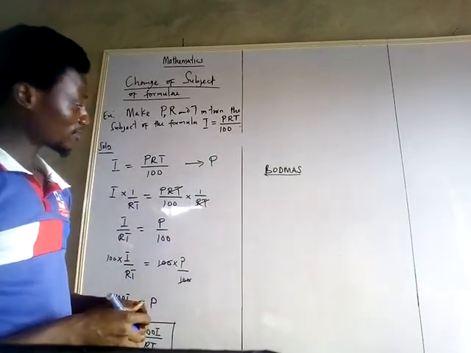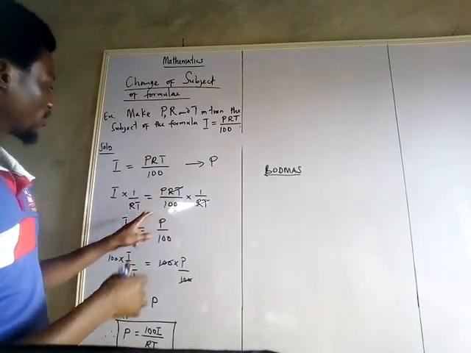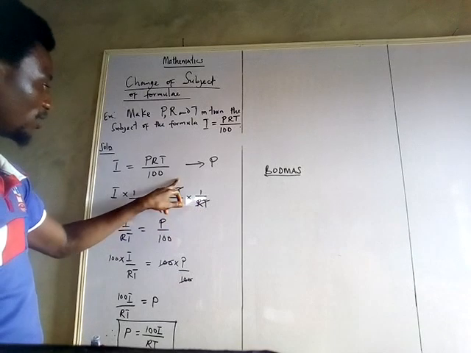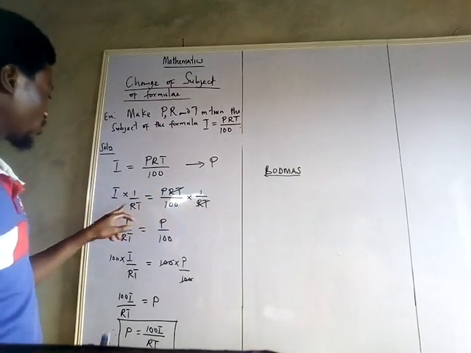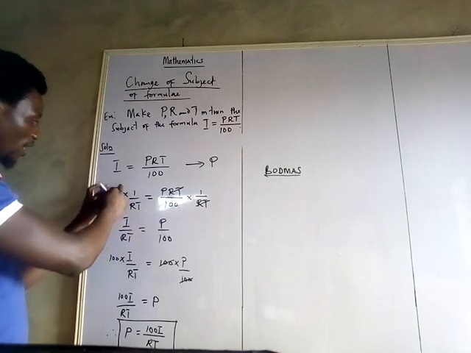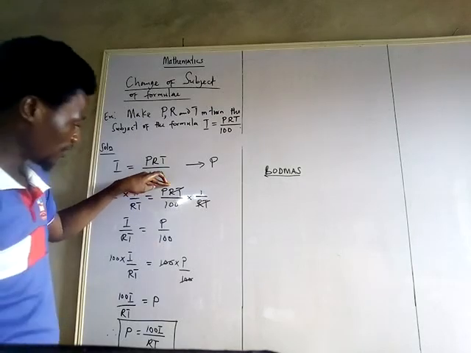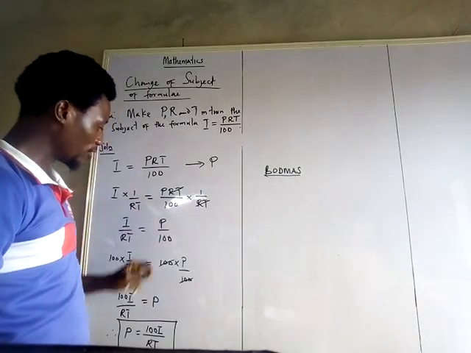That is the inverse of RT. So in that case, RT has cancelled RT. So we have I times the inverse of RT, so we have I over RT, which is the same thing as the P that is remaining here. So that is P divided by 100.